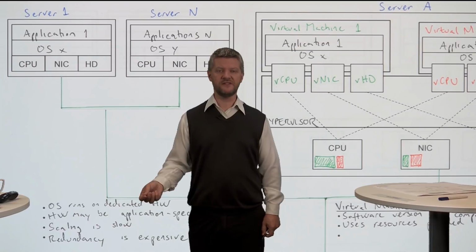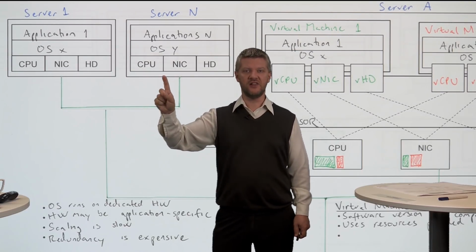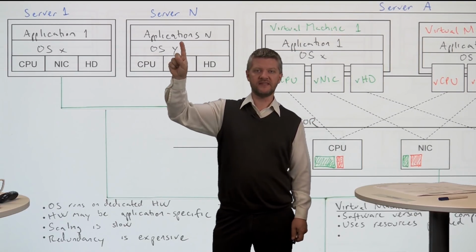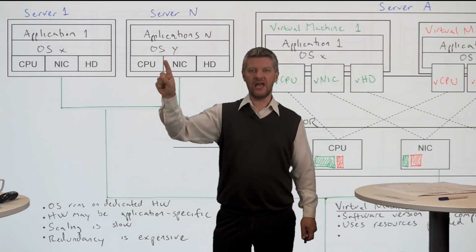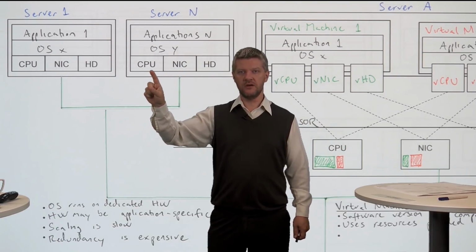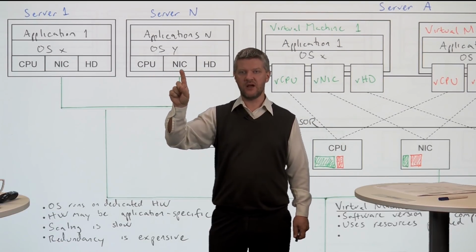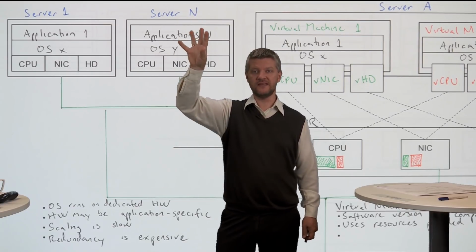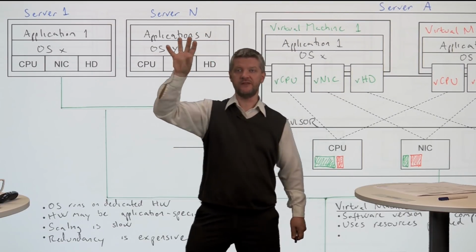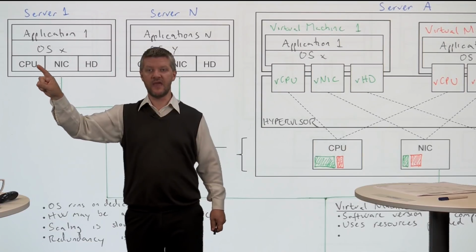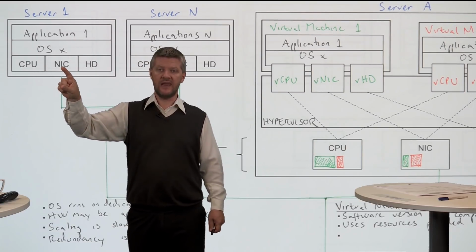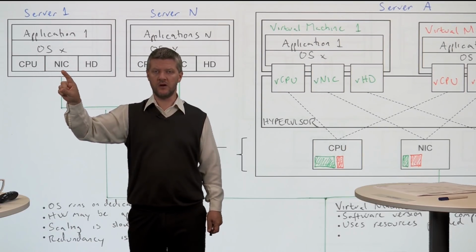That's not enough though, because if I do that and insert it on another physical machine, maybe that physical machine has other physical attributes. Maybe this application N needs a lot of CPU and a really fast network card. And then I move all of this using an image file. I copy it over to this server that has maybe a lot less CPU and a less powerful network card. Then it won't work.